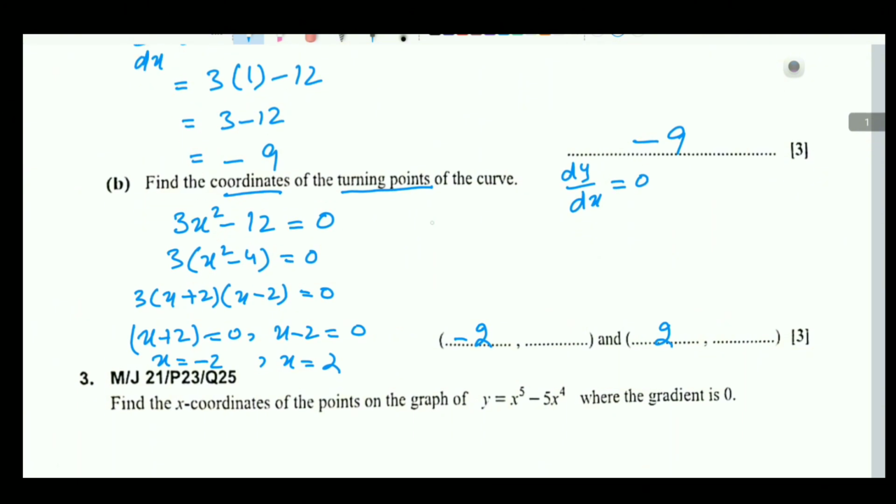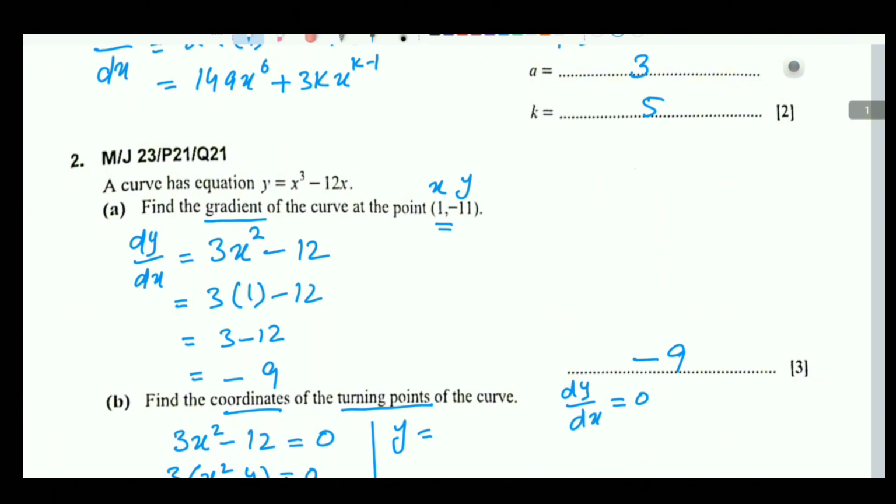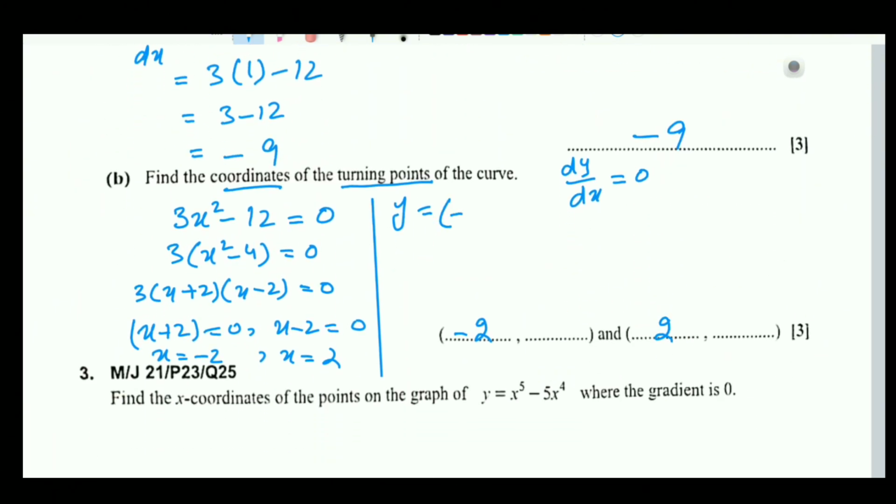So y is equal to x cube minus 12x. So minus 2 cube minus 12 times minus 2, therefore minus 8, and in place of x again minus 2, so plus 24. 24 minus 8 is 16.